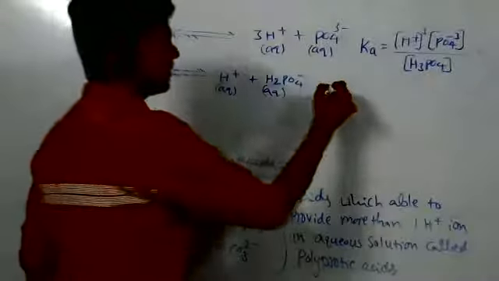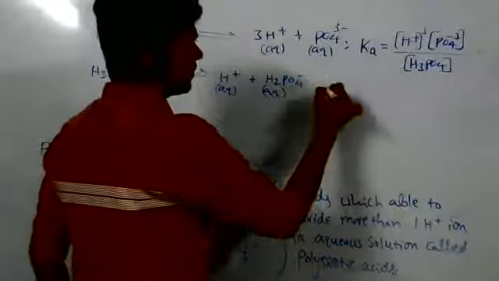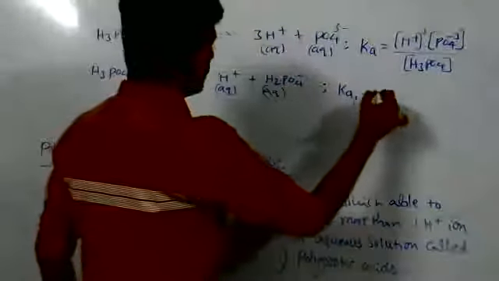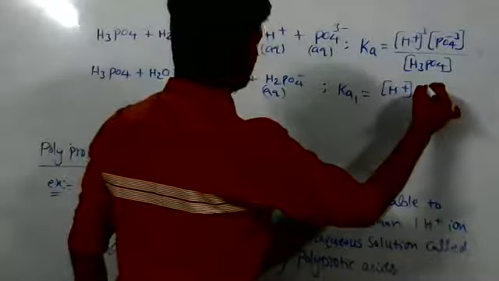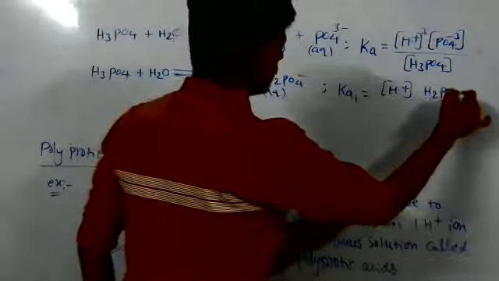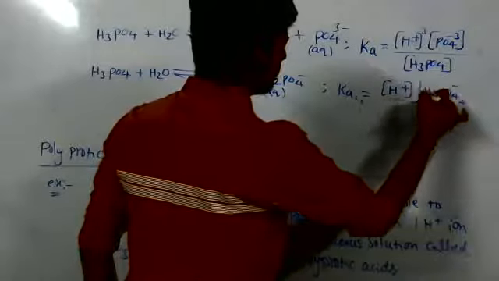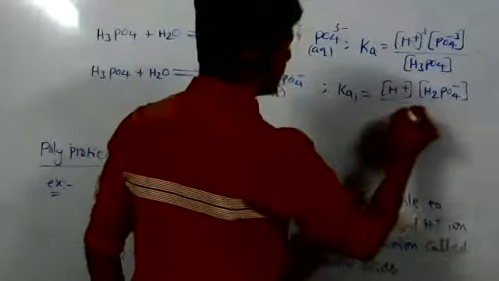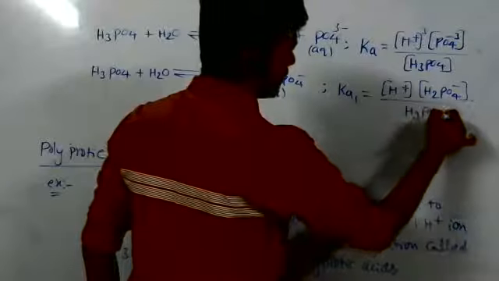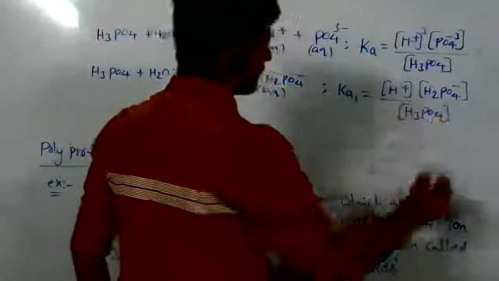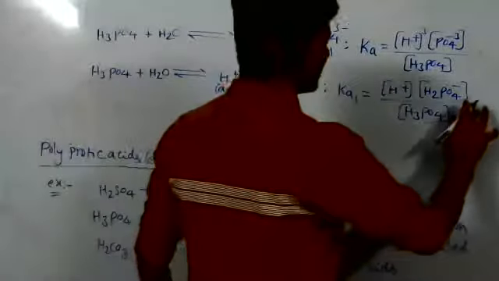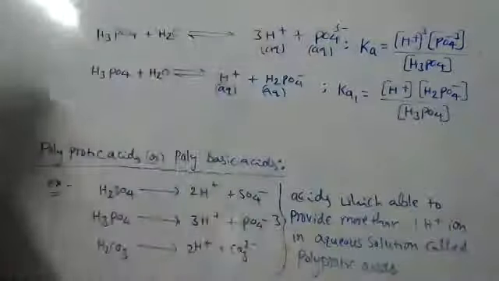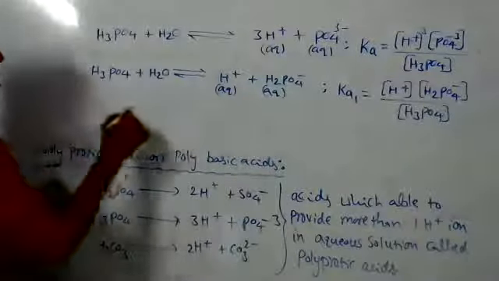Its dissociation constant Ka1 is equal to H+ concentration times H2PO4- concentration by H3PO4 concentration. So we consider this as equation 1. Next, this H2PO4- undergoes ionization.